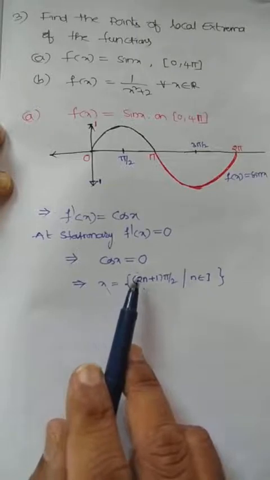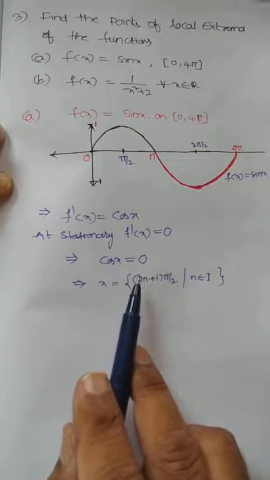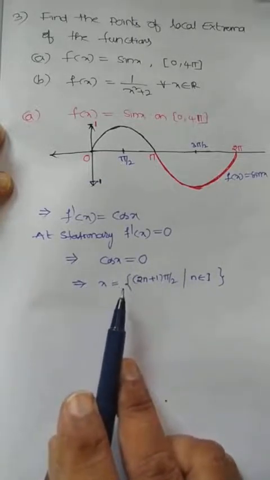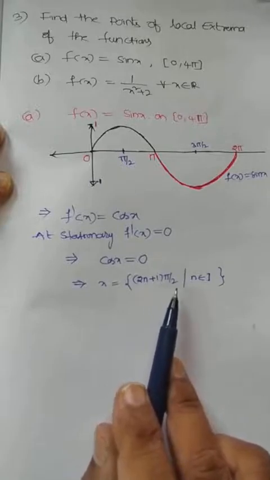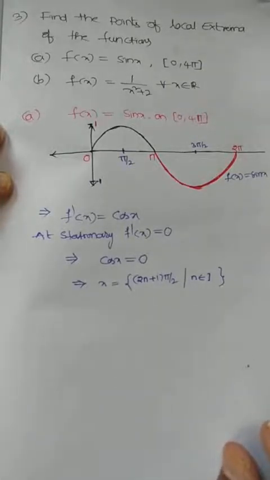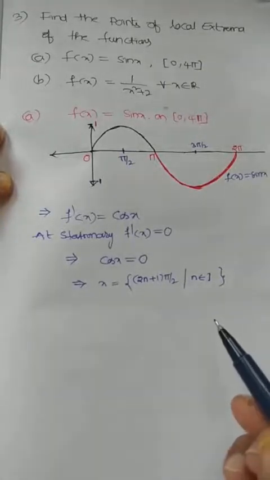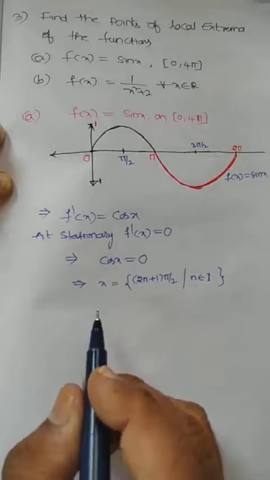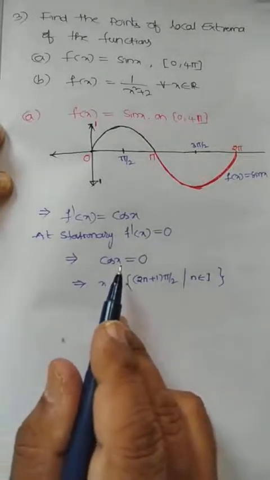Now, cos x equals 0 means the trigonometric equation for cos x has the solution x equals (2n plus 1) pi by 2, where n belongs to the integers. So these are the x values where cos x is 0.